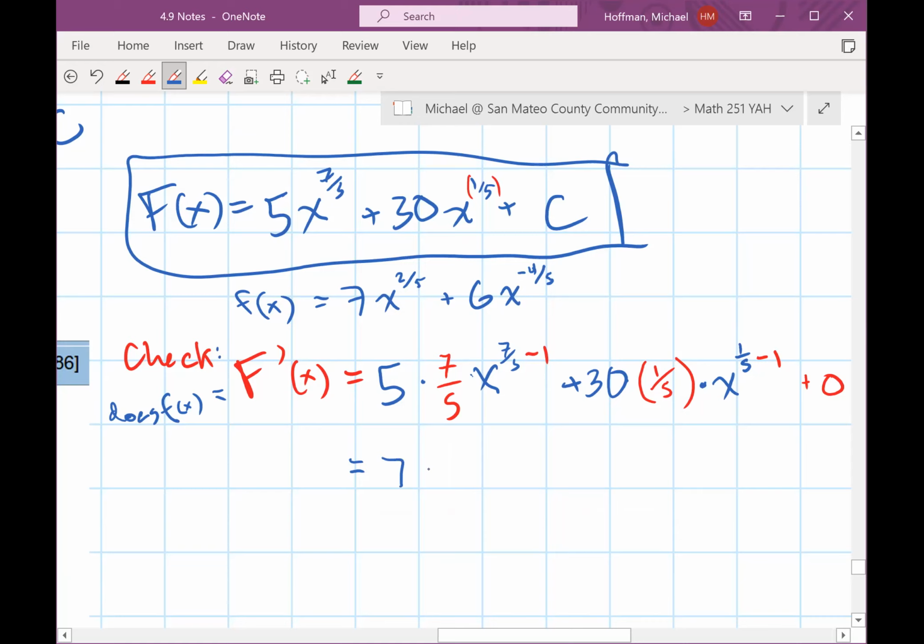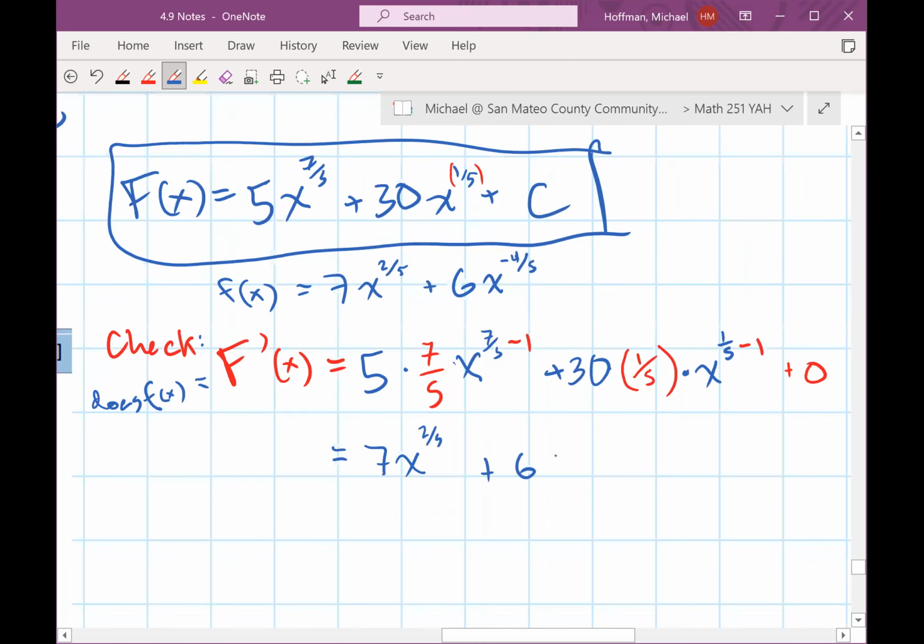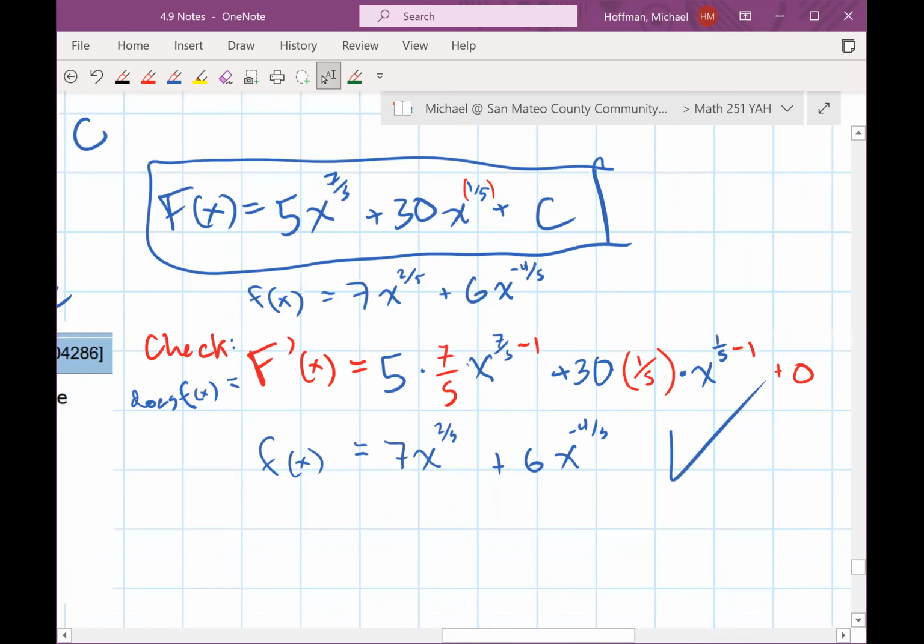And we end up with, yes, the same thing. 7/5 minus 5/5 is 2/5. 30 divided by 5 is 6. And 1/5 minus 5/5 is negative 4/5. Bada boom, bada bing, forget about it. Okay. So we checked our answer by taking the derivative.